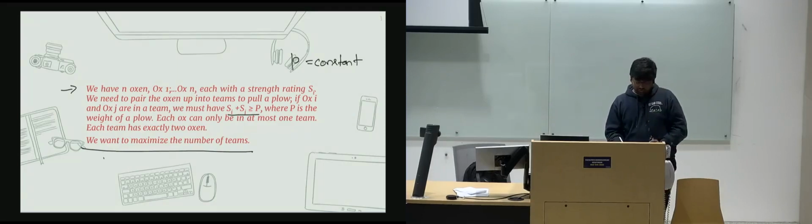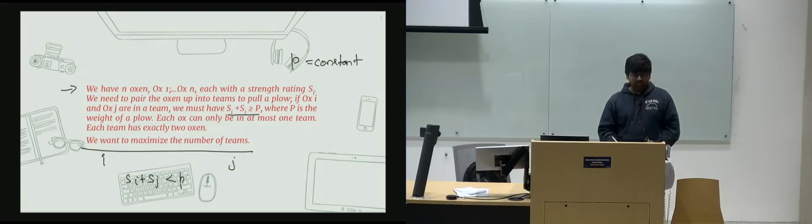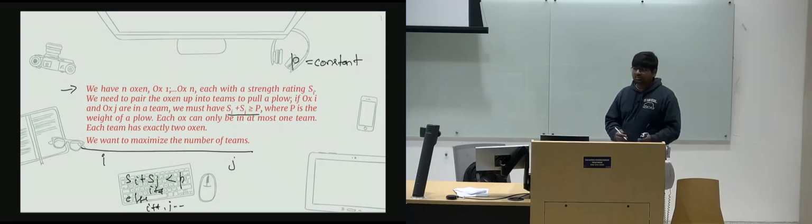Let's say your first pointer is i, the last pointer is j. You try Si plus Sj. If it is less than p, then you increment your i. And if it is not, then you got a pair, so you increment i and decrement your j as well.